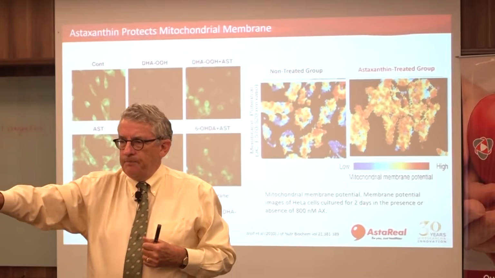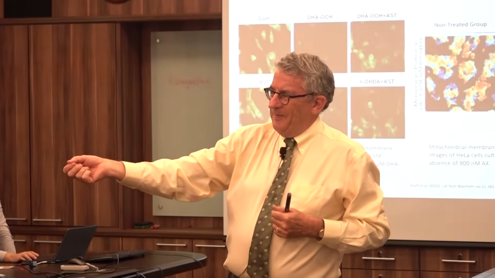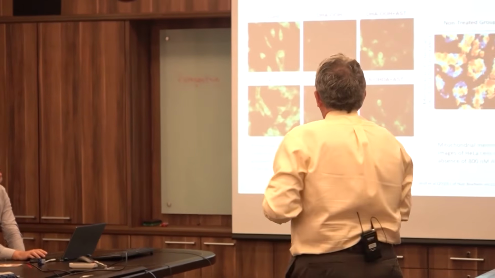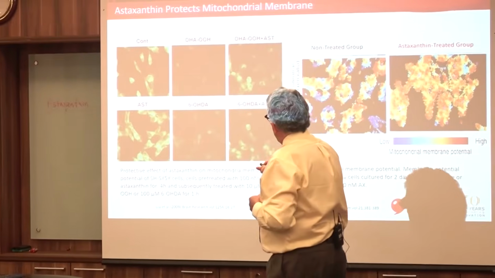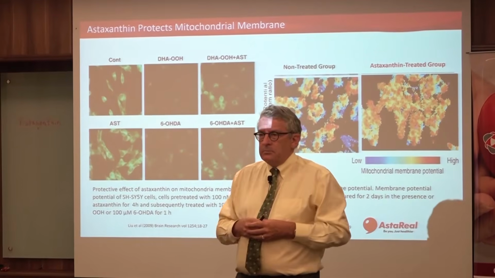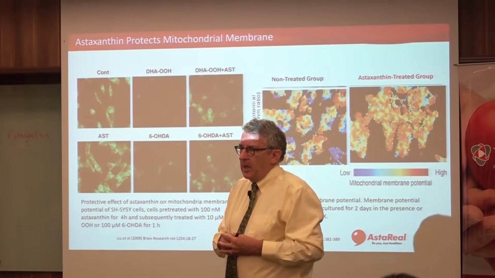So it's a free radical. It's a rancid form of fish oil. You've probably smelled some of those in your lifetime. What it will do to these particular cells is that it will kill these mitochondria and the cells. If you give astaxanthin, it's fully protected.